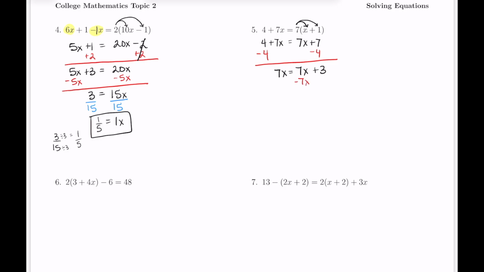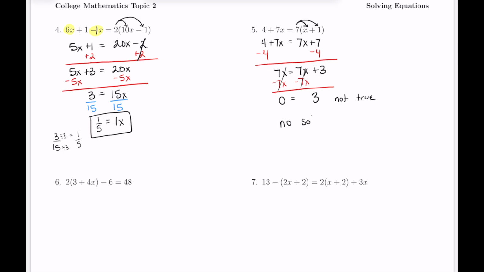When I subtract this 7x from each side now, I end up getting 0 equals 3 because those will each combine to be 0. Now this doesn't say x equals 0. This 0 equals 3, but that's not true. This is a no solution.